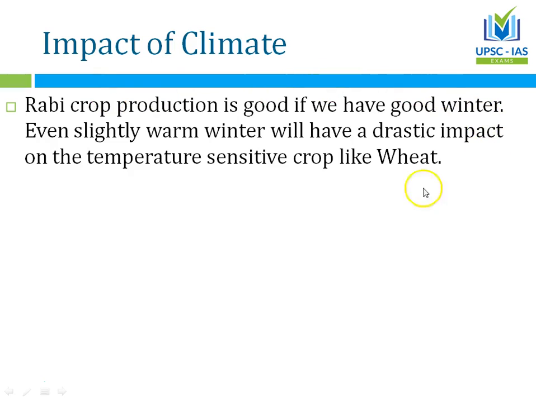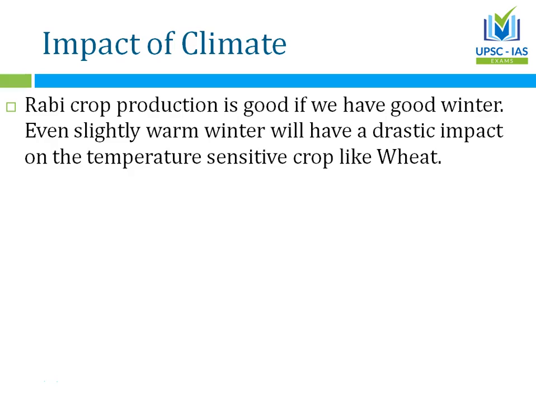Remember, from this line you can understand that Rabi is a winter season and wheat is a Rabi crop. Rabi is a crop season of winter and wheat itself is a Rabi crop, and it is temperature sensitive. This sort of question is asked in the prelims examination.